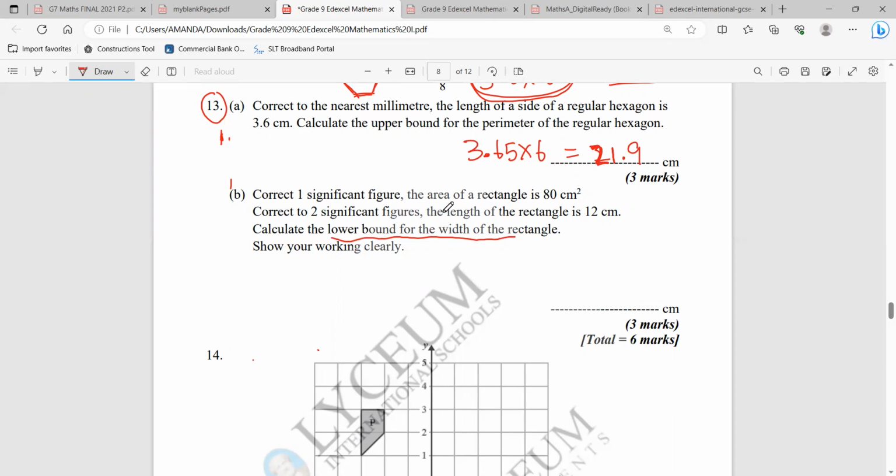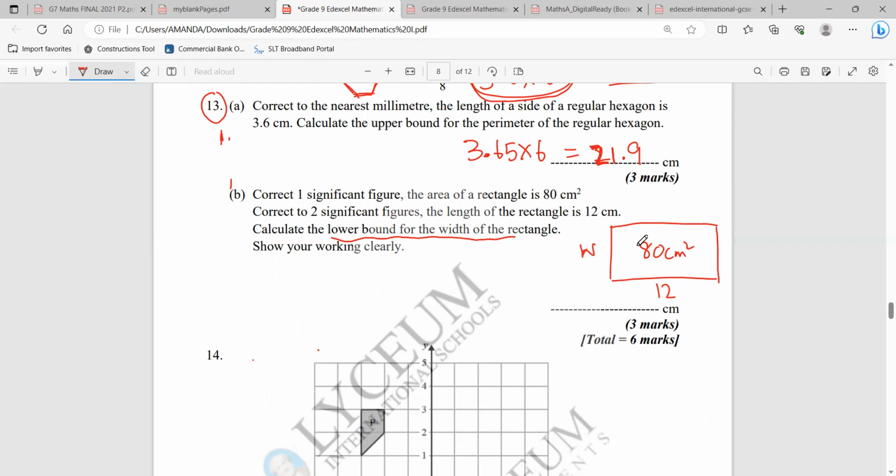Okay, lower bound width. They have given the area of the rectangle, 80, and they have given the length, and then they're asking the width. However, these figures 80 and 12 are corrected figures. So how are we going to find the width?